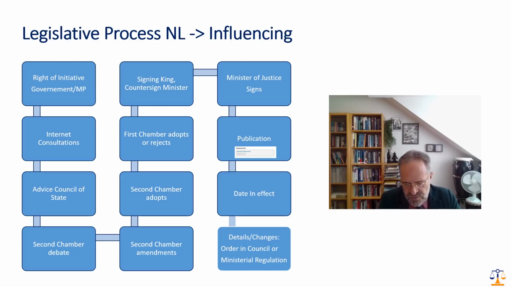Interest tends to fluctuate, and when an interest percentage in a law would have to be changed by going through this whole process, that would make it impossible to adapt legislation, rules, timely to changes in society. So sometimes the new law will allow elements to be changed by the government, by what we call an order in council, or by a minister in what we call a ministerial regulation.